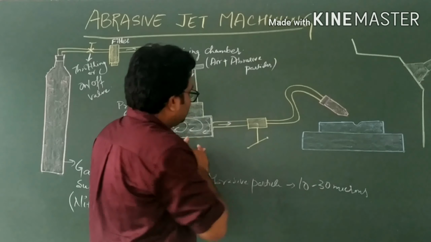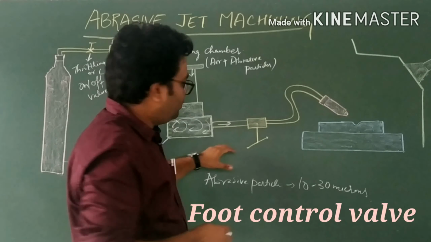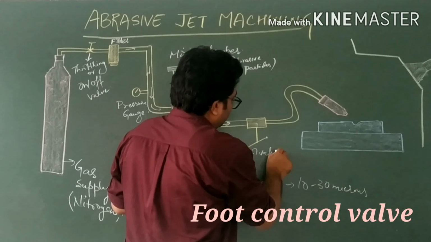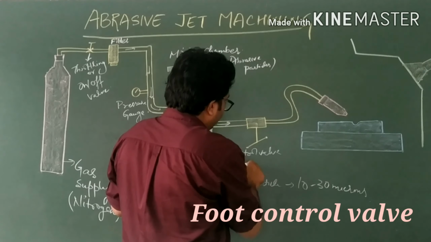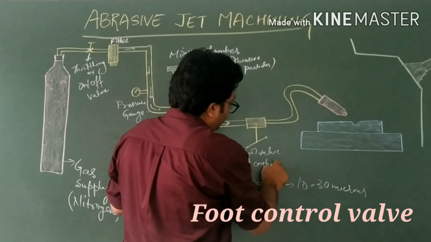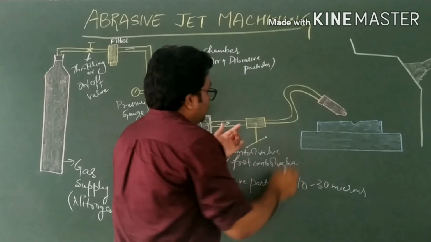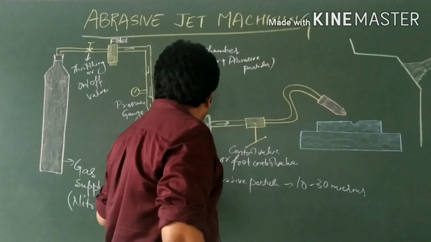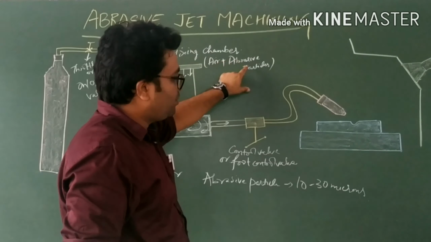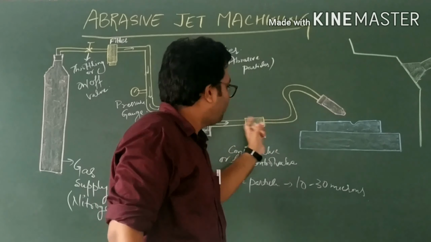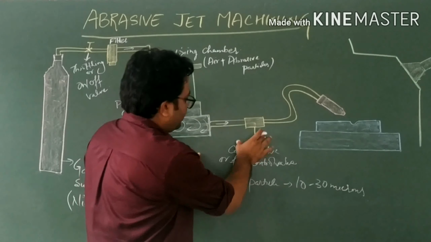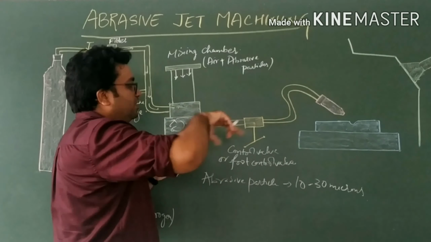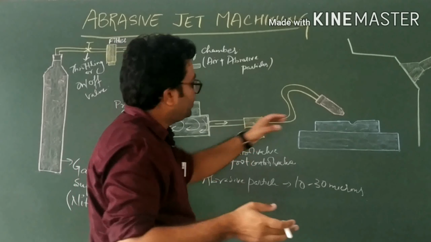After mixing is done, here comes the control valve. This is called the control valve, or foot control valve. The main function of the foot control valve is to regulate the flow of the mixture, that is air plus abrasive particles, to the nozzle, depending on the demand.